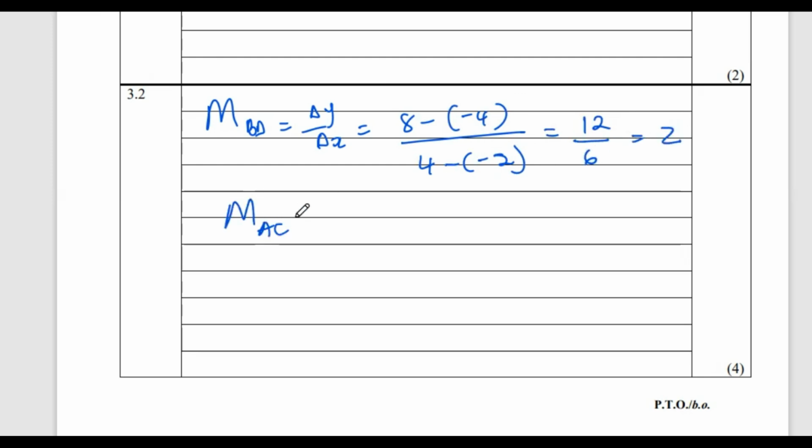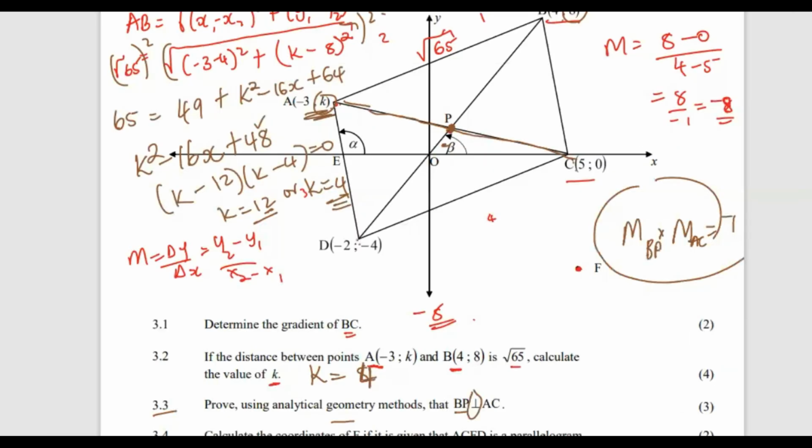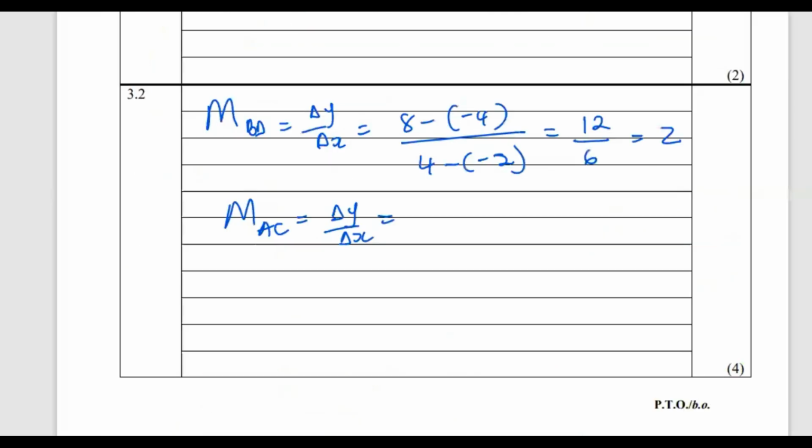And then the gradient of my AC, so changing y over changing x, same story. So with my AC, I have a -3 and a 4, and then I have 5 and a 0. So that is going to be -4 minus 0 over -3 minus 5.